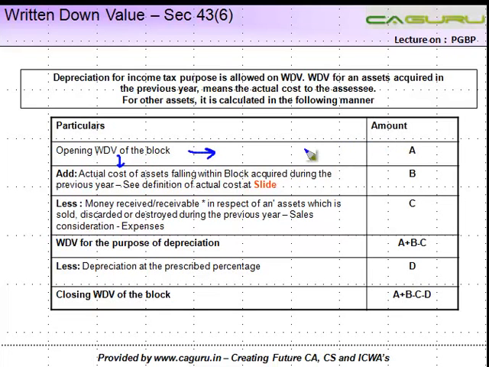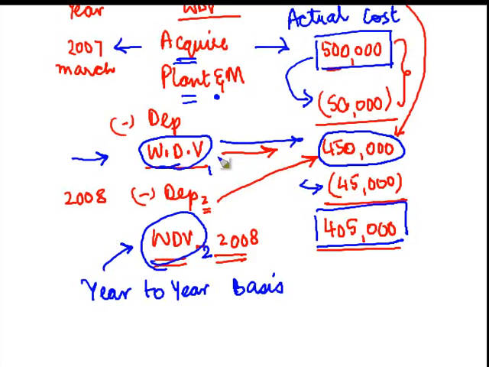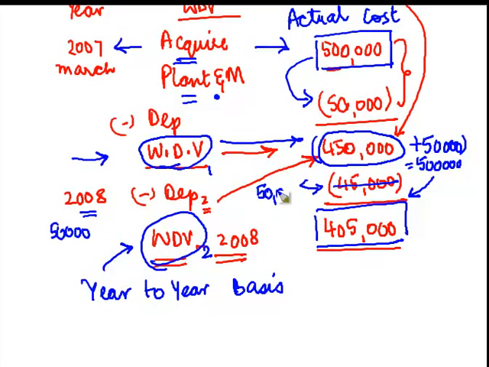So for example, in my case, if in 2008 I would have acquired another plant and machinery for 50,000, I will add that 50,000 to this 4,50,000. This will take it back to 500,000, and I will charge depreciation at the rate of 10% on this amount. So this 45 will actually increase to 50, right?